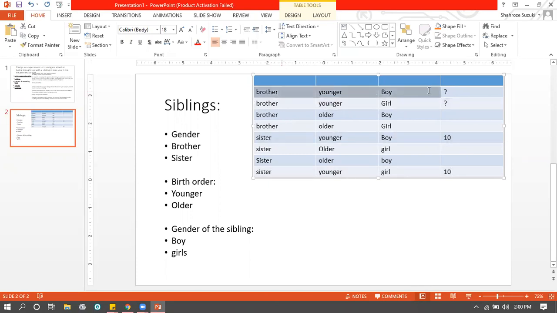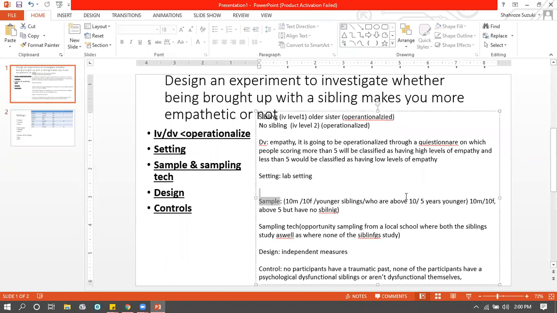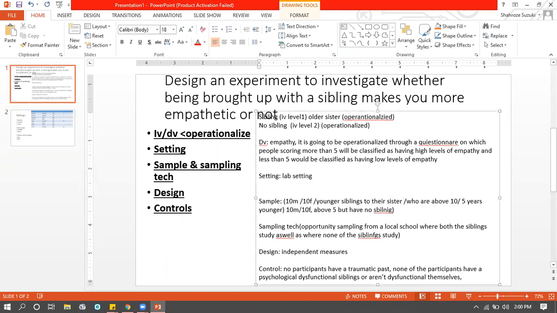So you need to go back to your sample and redefine the selection criteria, because right now we have people who are younger siblings to their sister. You need to tweak the demographics to get the people who are younger to their brother as well. So how many people would you need then?